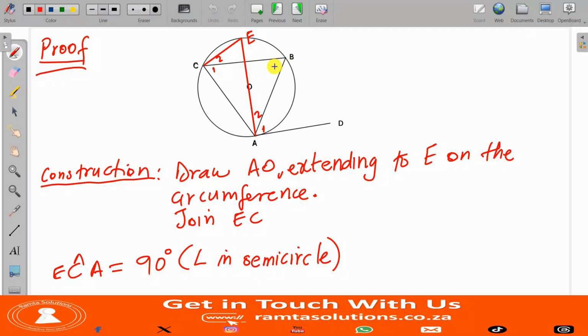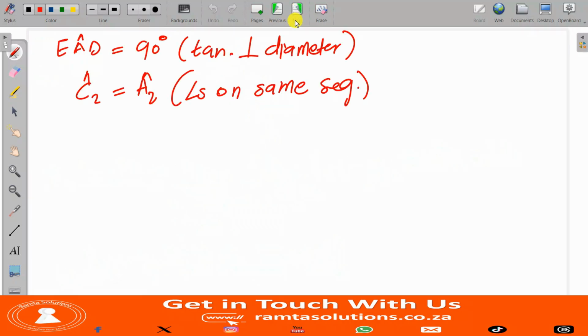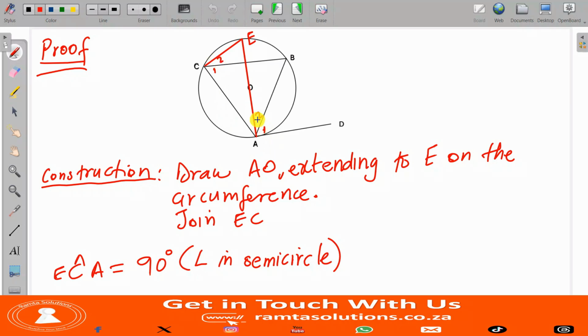Remember, ABEC is a cyclic quadrilateral, so we are correct to say it is a cyclic quadrilateral. As you can see, they are like this, or they are like this. So we can say angle C2 is equal to angle A2.